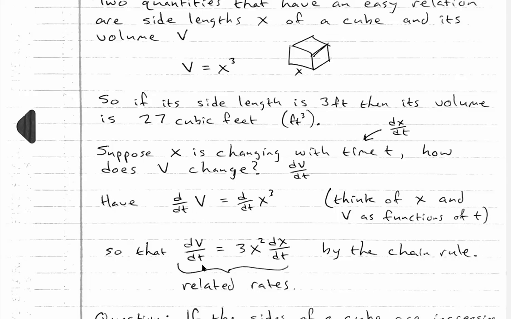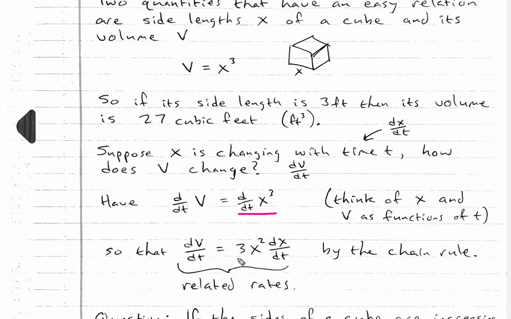Well, dV/dt, that's just the change in the volume. But here we have d/dt of x cubed. So the outside function is cubing, the inside function is x of t. So here we need the chain rule.